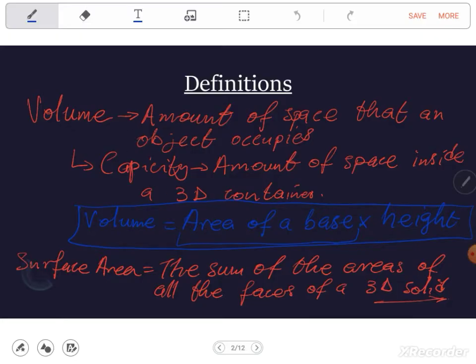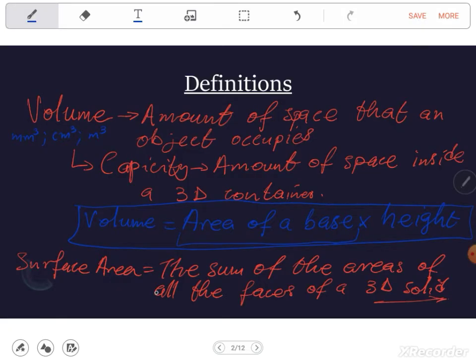Volume or capacity in solids will be calculated using millimeters cubed, centimeters cubed, meters cubed, and so on.